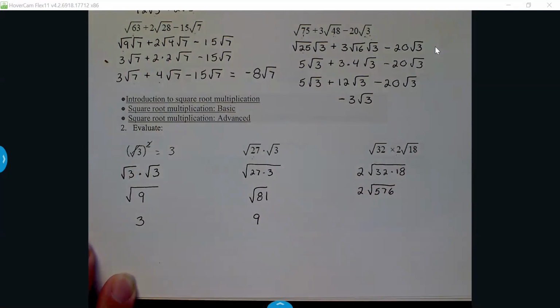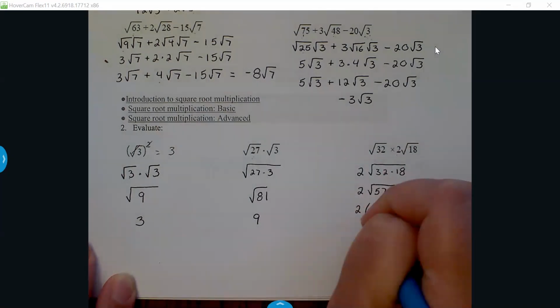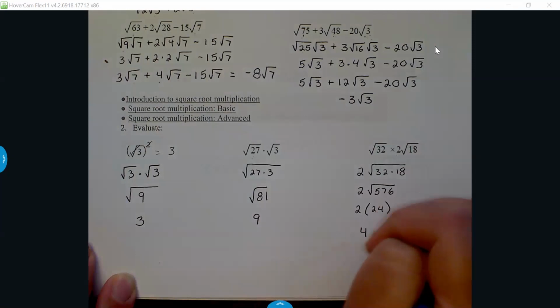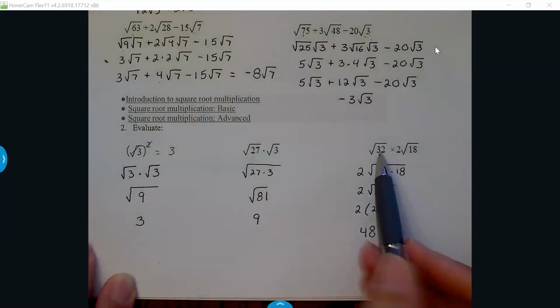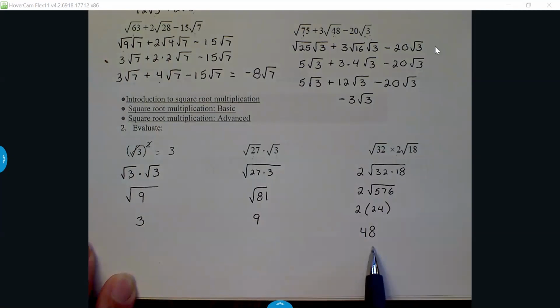And the square root of 576, hopefully this comes out nice. It does, it's 24. So 2 times 24 would be 48 for your final answer. Okay, so we're multiplying the 2 numbers inside the square root first, evaluating the square root, then we can multiply it by the number after the fact to get 48. And that is multiplication.